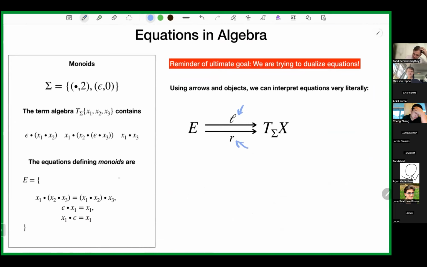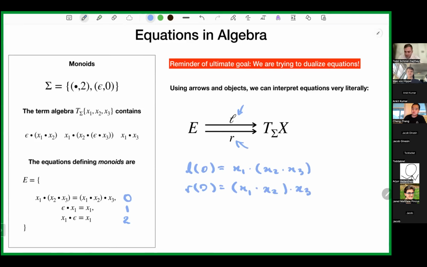If we just take our set E over here and we write the first one as 0, the second one as 1, the third one as 2, then capturing the first equation, we might just write that L of 0 is equal to x1 dot x2 dot x3, and R of 0 equals x1 dot x2 dot x3.